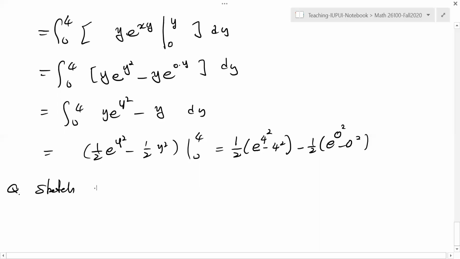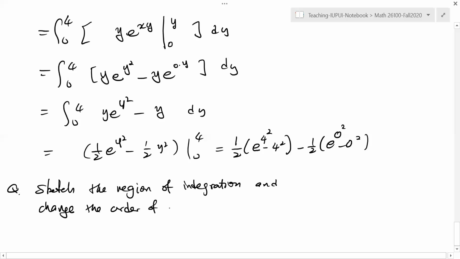So sketch the region of integration, and change the order of integration, because sometimes if you change the order of an iterated integral, then maybe it's much easier to evaluate the integrals.